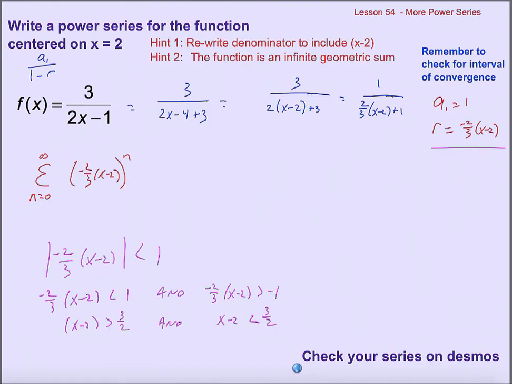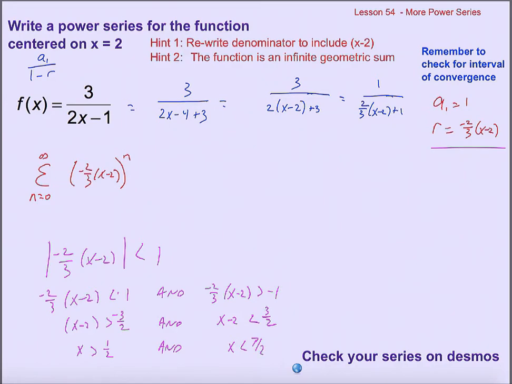So if we add 2 to one side, x has to be greater than, I'm sorry, this should be negative 3/2. X has to be greater than 1/2. And on the other side, add 2/2 to 3/2. That's 7/2. X has to be less than 7/2.